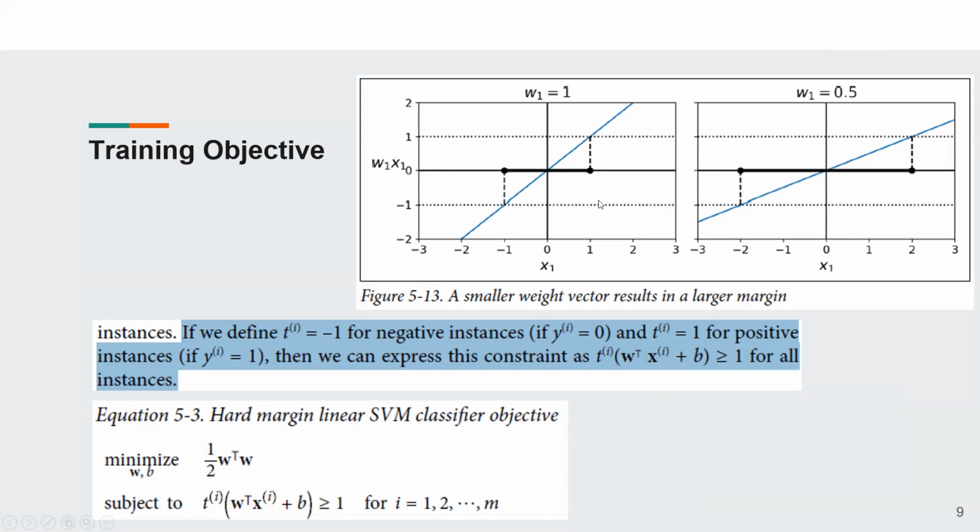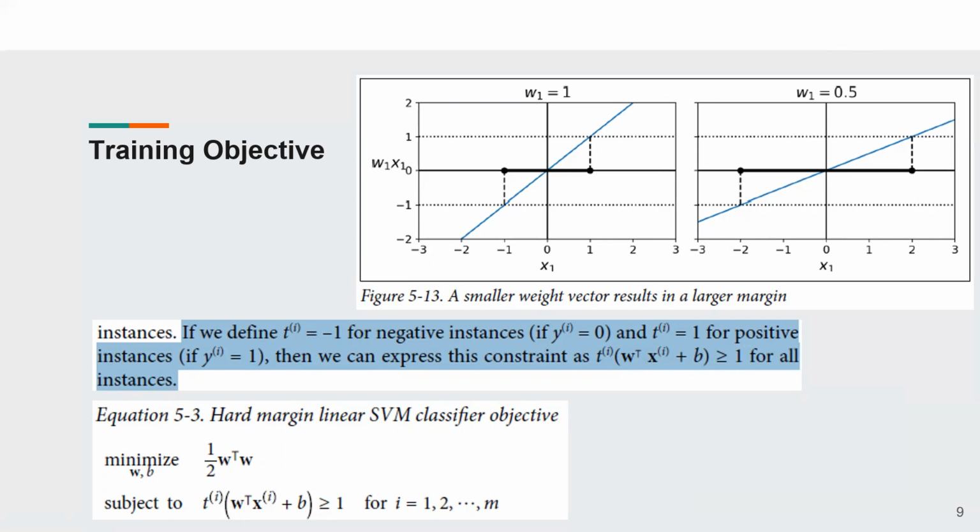So when W is smaller, the margin is bigger, meaning the street is wider. So we're trying to minimize W so that the margin of the classifier is as wide as possible.